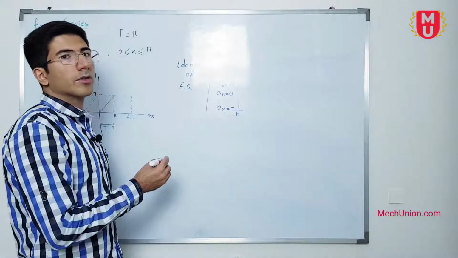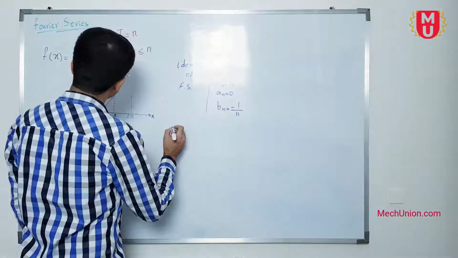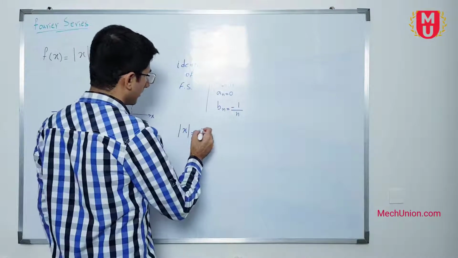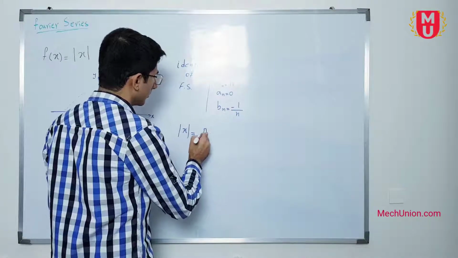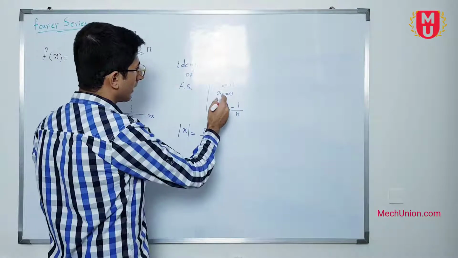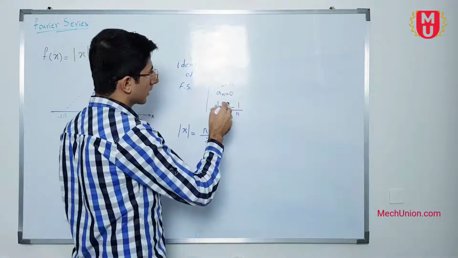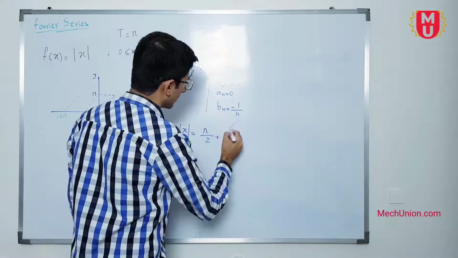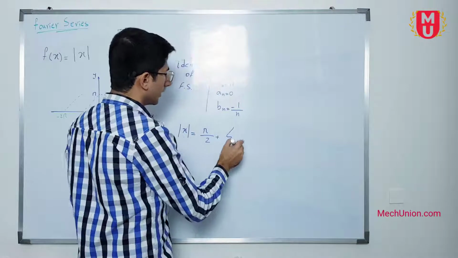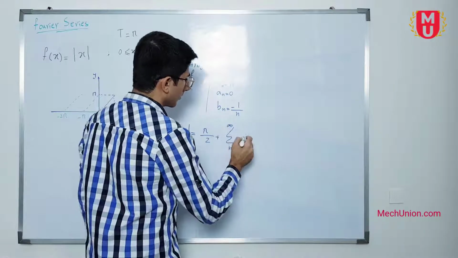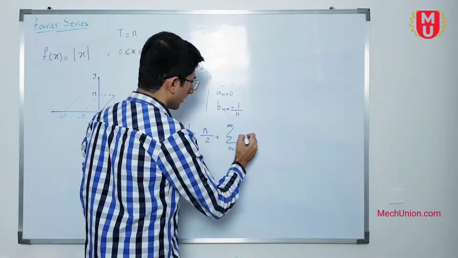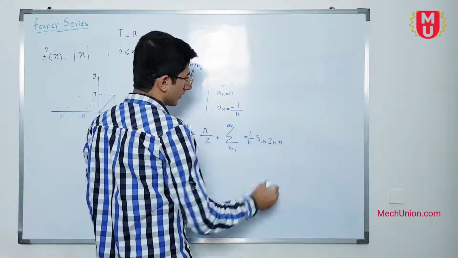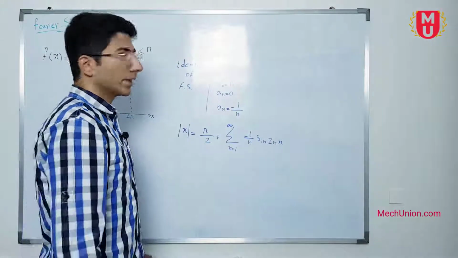Okay, for the final form, we will just write down our function that looks like this: a naught over 2 plus summation of an cosine 2n pi over L, which is 0, and summation of n with the beginning of 1 to infinity minus 1 over n sine 2nx. That's our Fourier series.